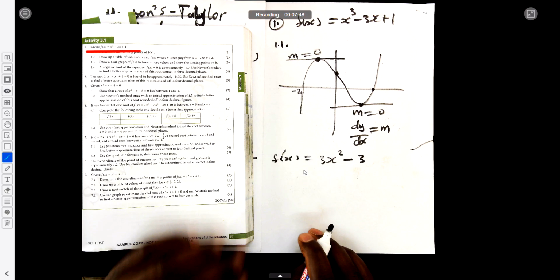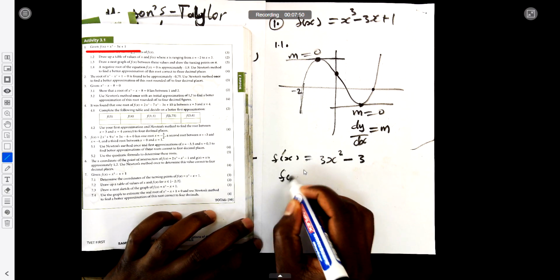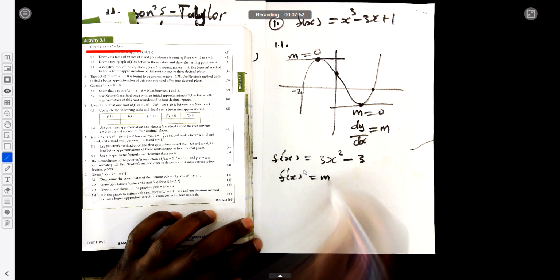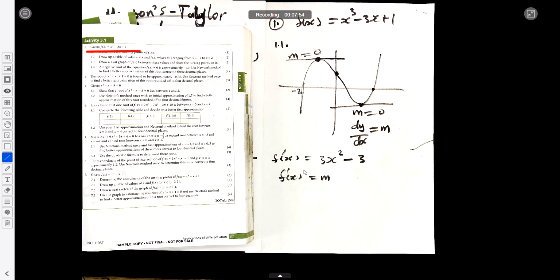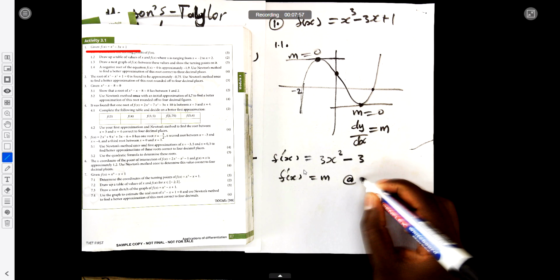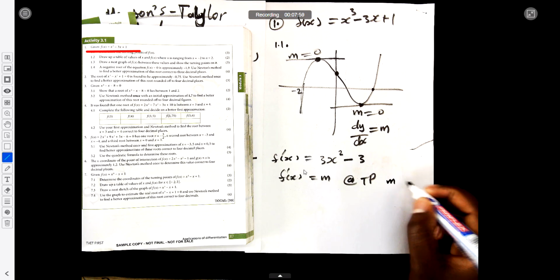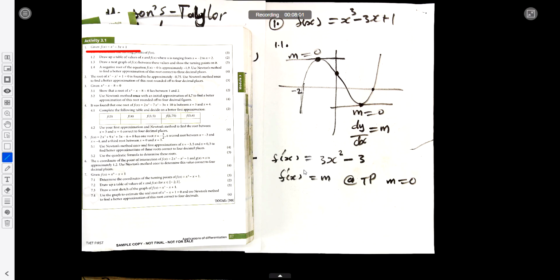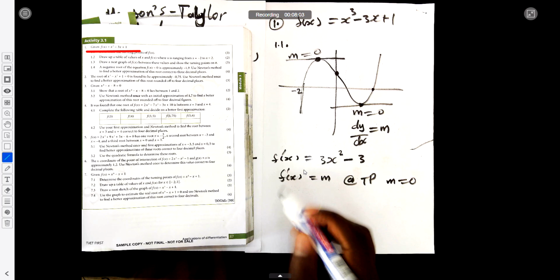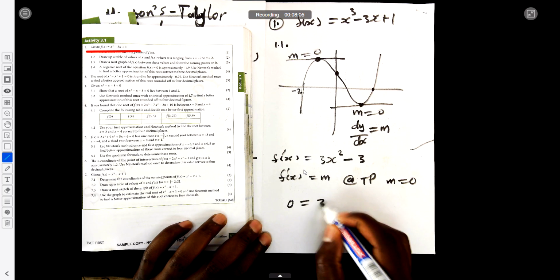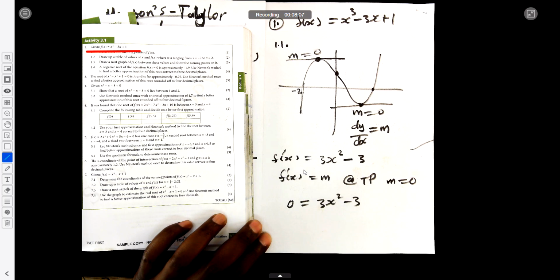Minus 3. So therefore, we know that the derivative of a function gives us the equation of the slope. And therefore, we know that at the turning point, at TP, what is happening? m is equal to 0. So that's why we let f prime of x equal to 0: 3x squared minus 3.